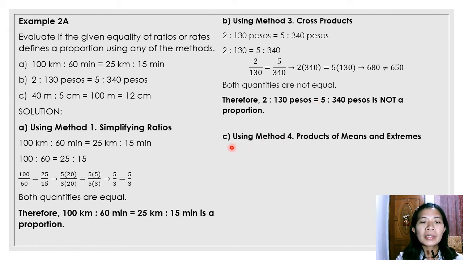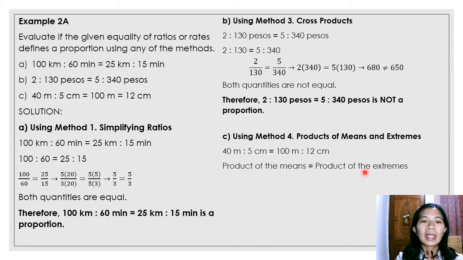Then letter C. Using method 4, we will use the product of means and extremes. So we have the given 40 meters is to 5 centimeter equal to 100 meters is to 12 centimeter.